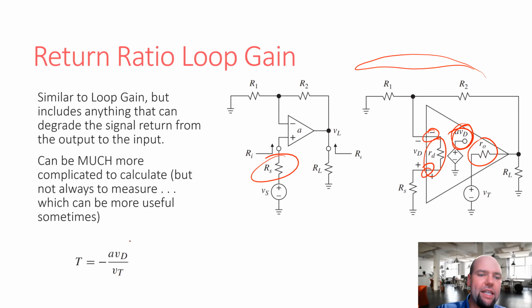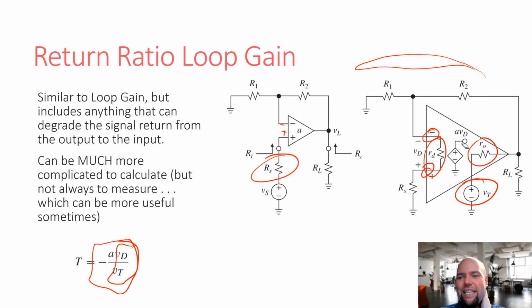Mathematically, the return ratio is going to be negative A, where A, little a, is still the open loop gain of the op amp itself, times this ratio VD over VT, VD being the differential voltage across the terminals, divided by VT, which is the test voltage that's applied to the other side of the internal resistance inside the op amp. So that's what that is.